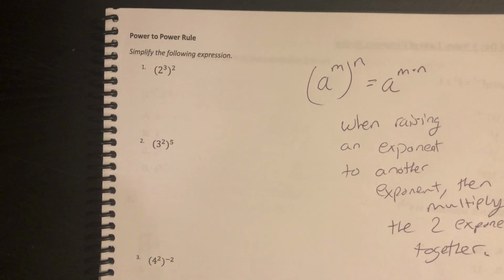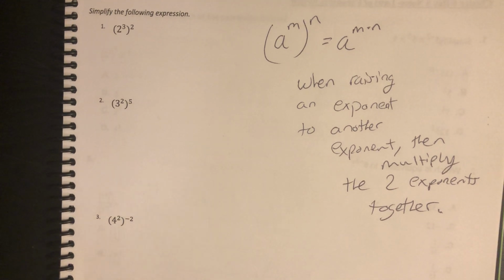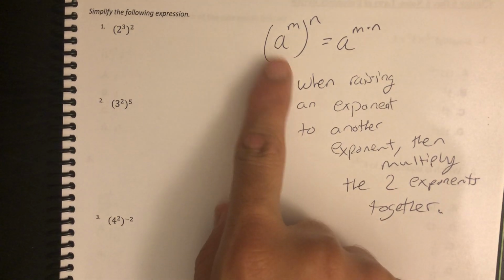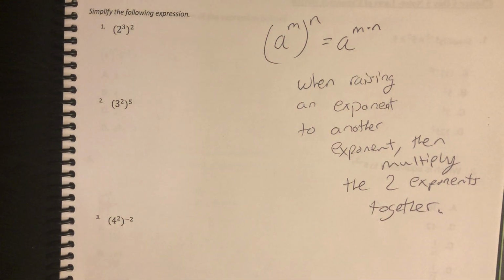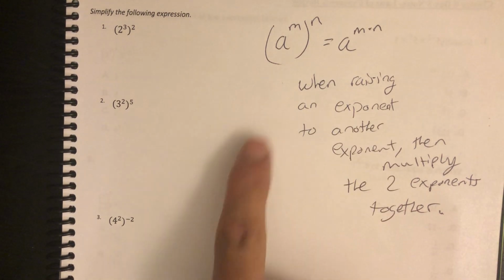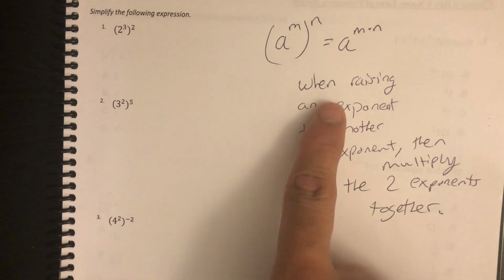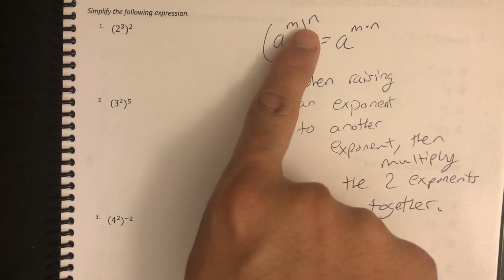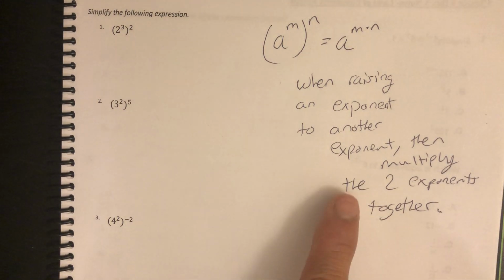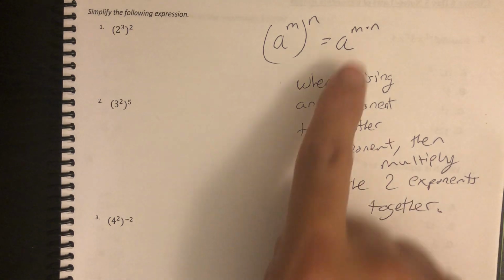Okay? So that's basically what that rule says. I gave you the mathematical statement with symbols and letters. And basically, this little mathematical statement tells you when raising an exponent to another exponent, m to the power of n, we can just multiply the two exponents together.